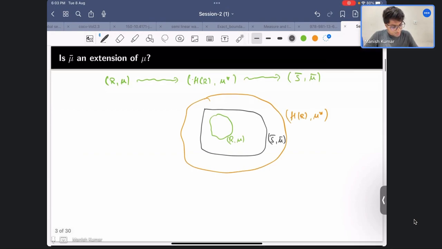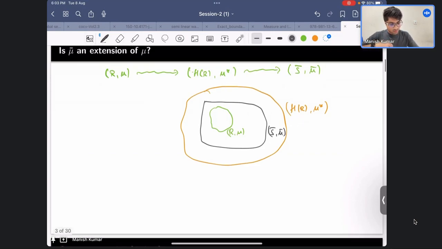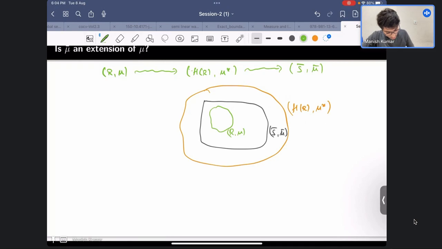So you have already seen in some proposition or theorem that each element of R, let me write it this way, if E belongs to R, this implies E is mu star measurable, right? And the moment I say E is mu star measurable, this implies that E belongs to the set S bar.